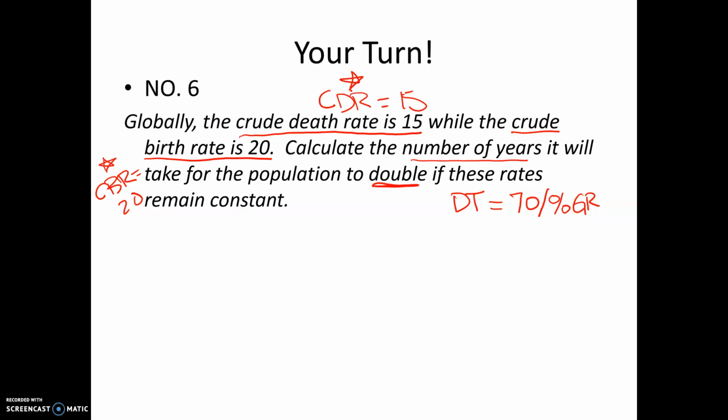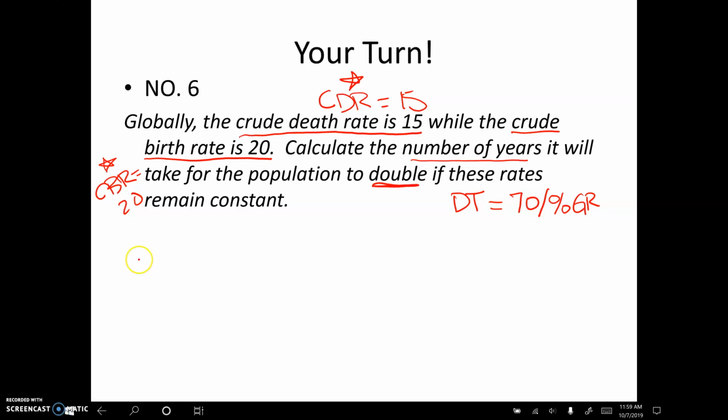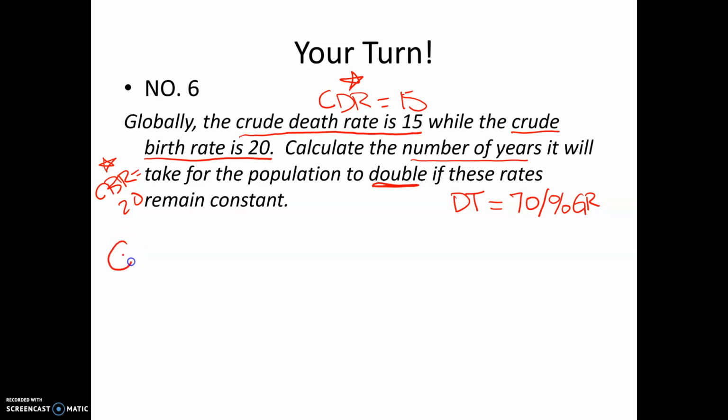And there's Lily again. So the growth rate using our CBR and CDR is equal to CBR minus CDR divided by 10.